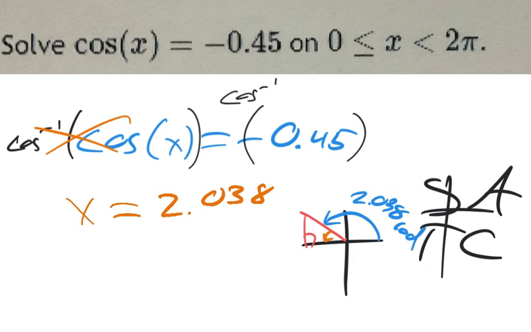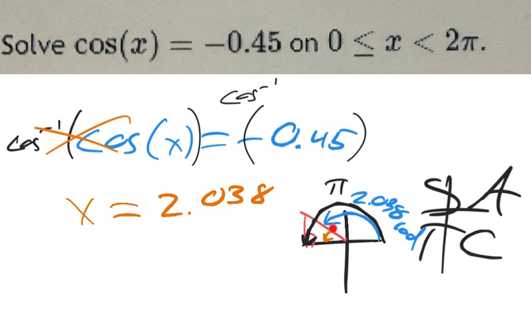So what would be my reference angle? If I rotated from here to here, how much did I rotate? Oh, I rotated pi. Well, I've already rotated part of pi. I've rotated 2.038.